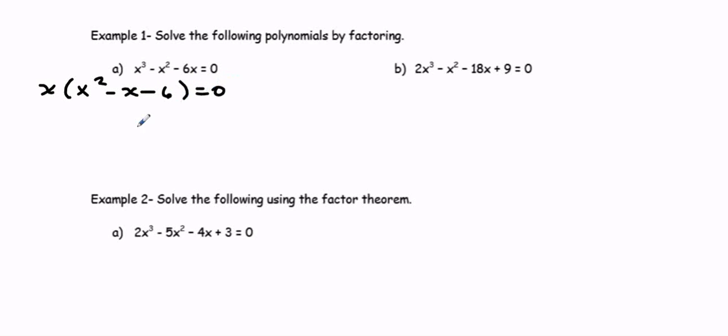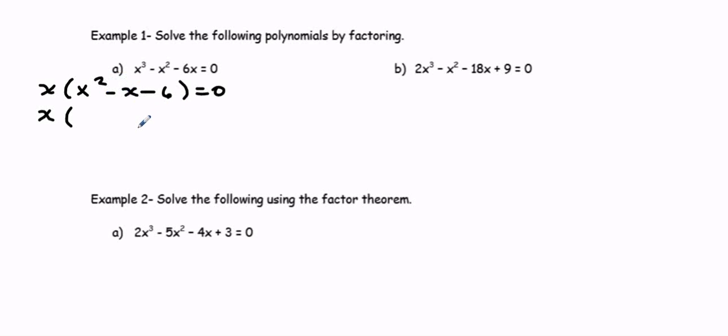And technically, that's in factored form. But the question is, is it in fully factored form? Can we factor what's left inside the brackets? And the answer, of course, is yes. We go back to our methods that we have for quadratic equations, and we can just use max here, so we can find two numbers that multiply to -6 and add to the coefficient -1.